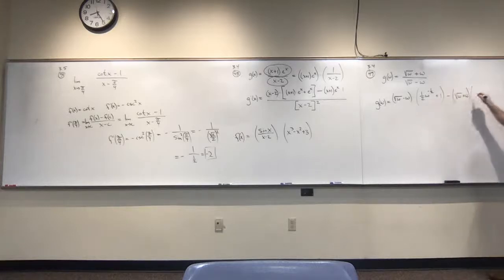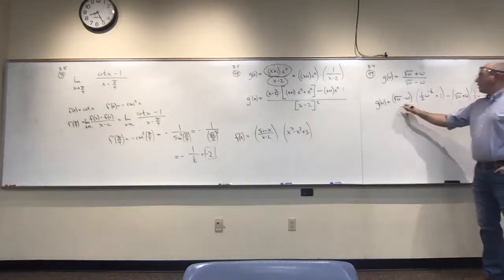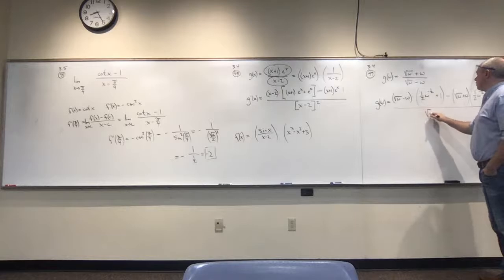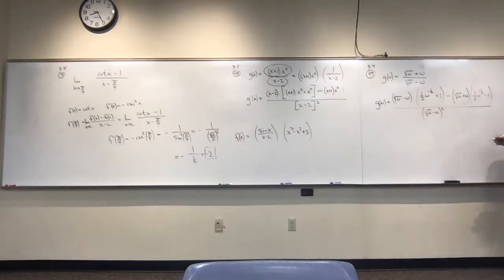It's 1/2 W to the negative 1/2 minus 1, right? Divided by the bottom, square root of W minus W, quantity squared. Now, officially, this is the derivative.